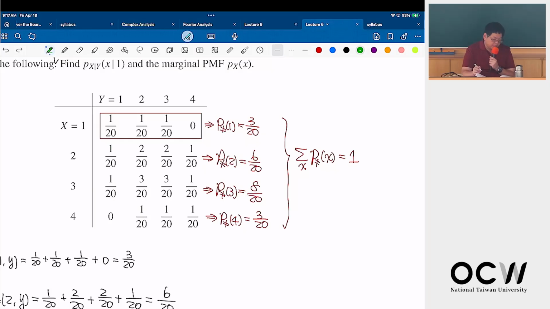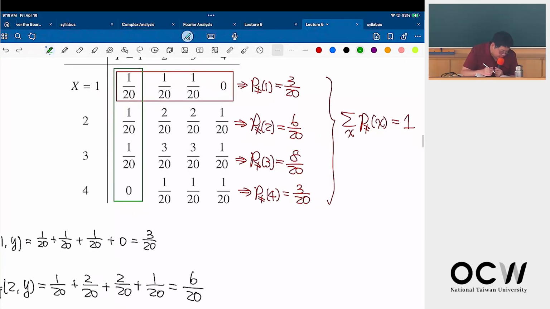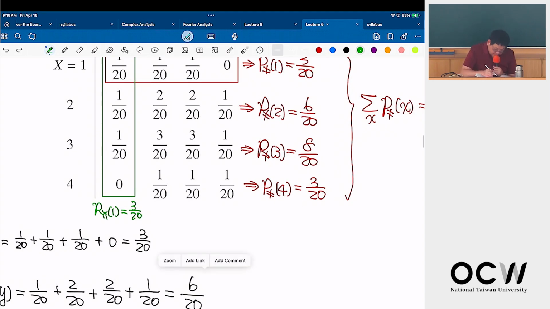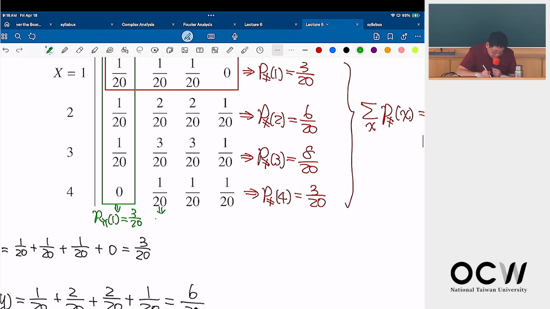Similarly, we can also find the marginal PMF of y. So apparently, if we see the first column, that is the marginal PMF of y at 1. And you can see that this is 3 over 20. And the second column will be the marginal PMF of y at 2. That's 7 over 20.